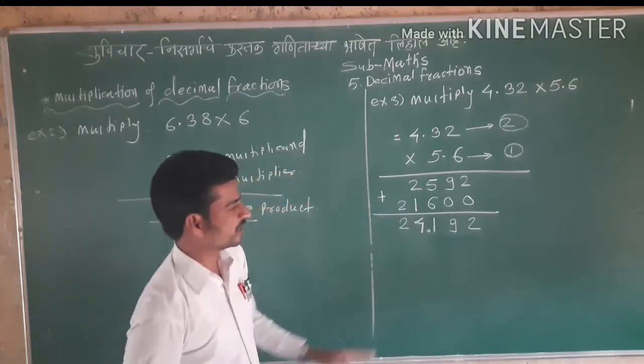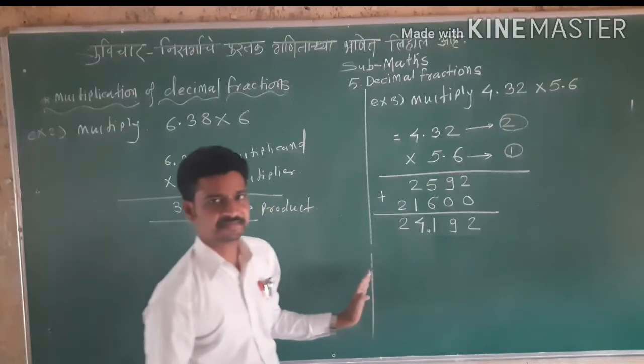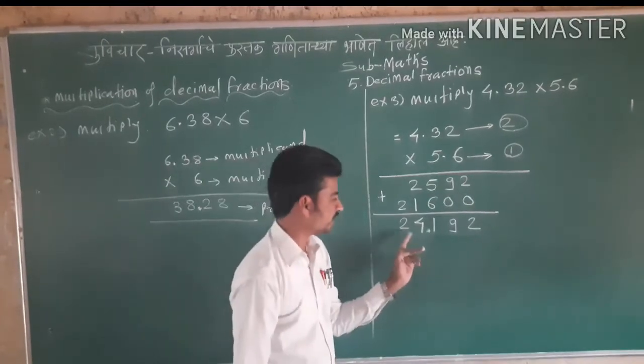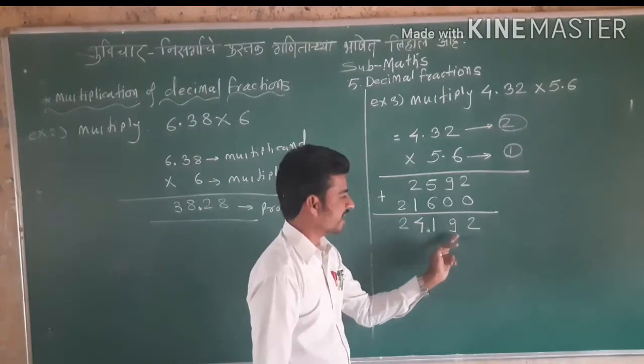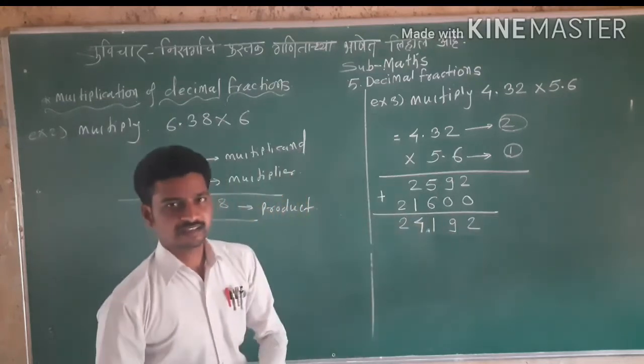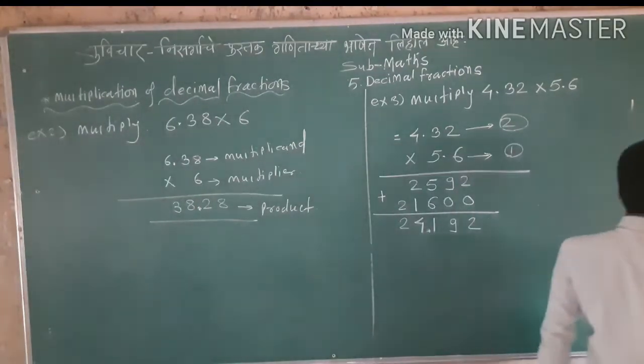Put the decimal point before 3 place. We get the answer 24.192. Now see here more example.